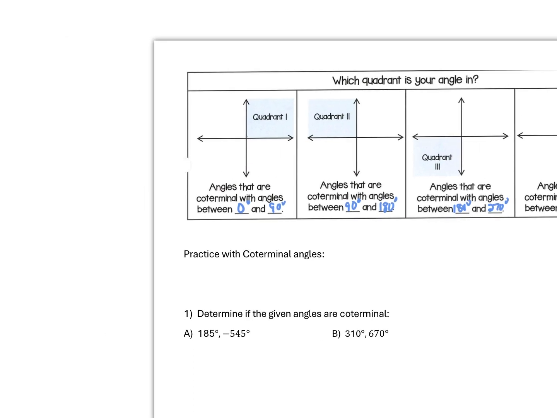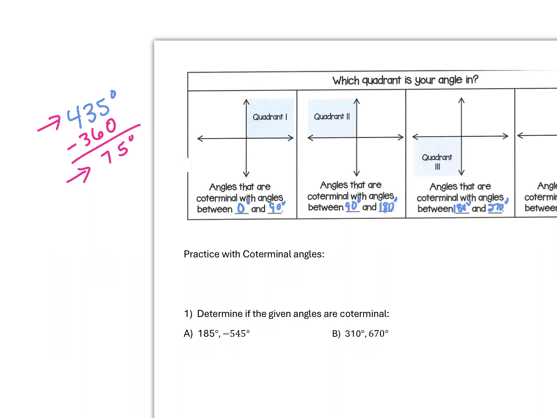So as an example, if we have 435 degrees and I want to know what quadrant that's in, then the process that we're going to use is we're going to think about coterminal angles. We're going to subtract 360 from this. And what does that give us? 75 degrees. So now we know 435 degrees and 75 degrees are coterminal angles.